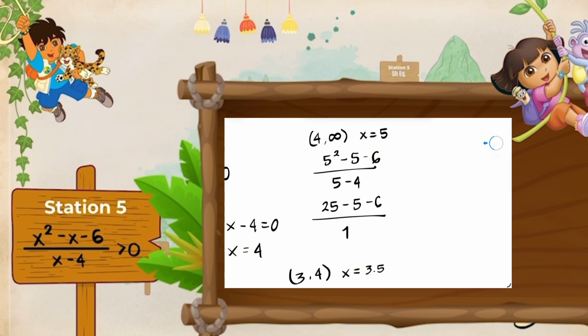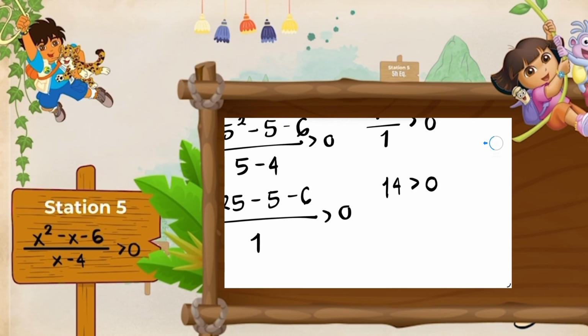Minus 6 is 14 over 1. 14 divided by 1 is 14. Greater than 0. It's a positive number, so it's greater than 0.